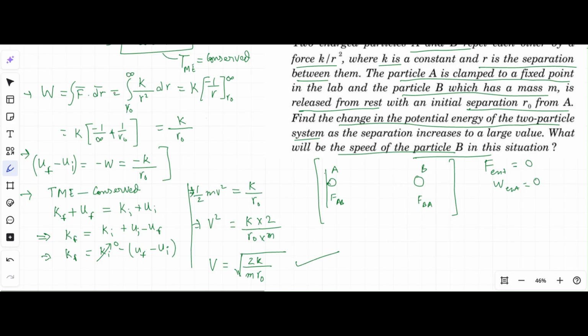First we calculated work from the integration formula. Here we calculated it from r0 to infinity, the total work done. And then we calculated the change in potential energy based on this work. And then based on the mechanical conservation law, we calculated the kinetic energy and then we calculated velocity from it.